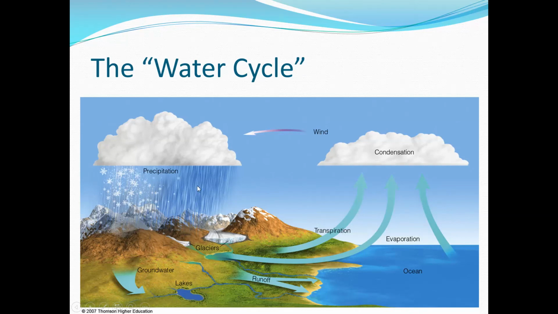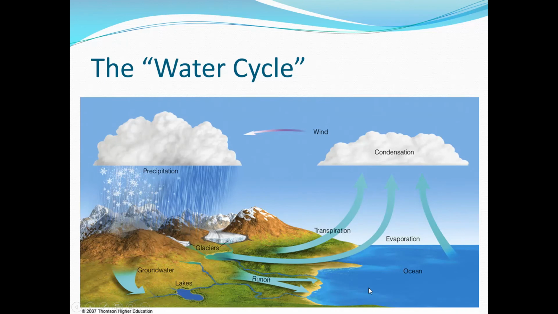And this water, this precipitation, then runs back down to the ocean and back into the ocean. And the cycle begins again. So, water heated by the sun evaporates, rises, condenses into clouds, is then carried over onto land by the wind, where it rains out, and then back down.